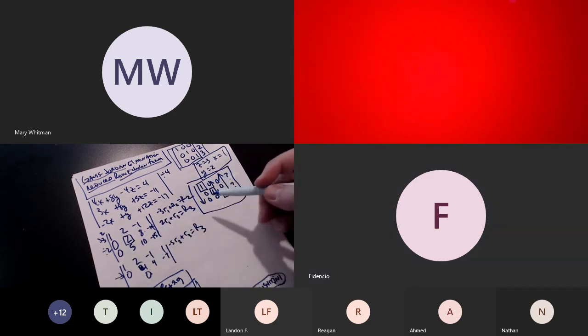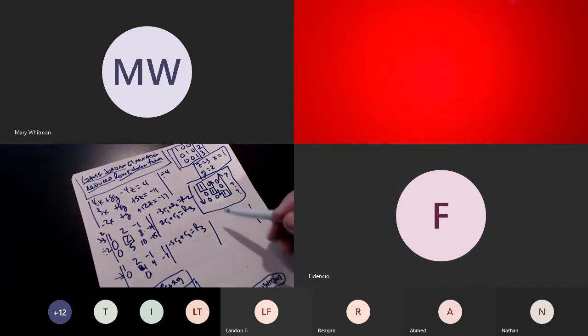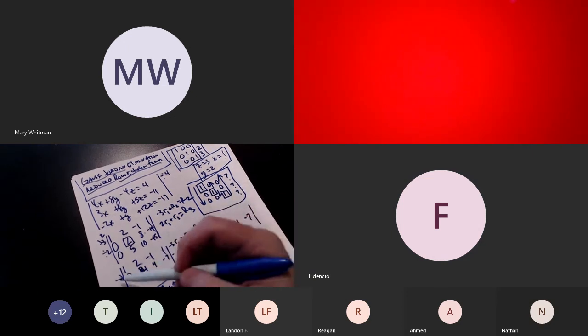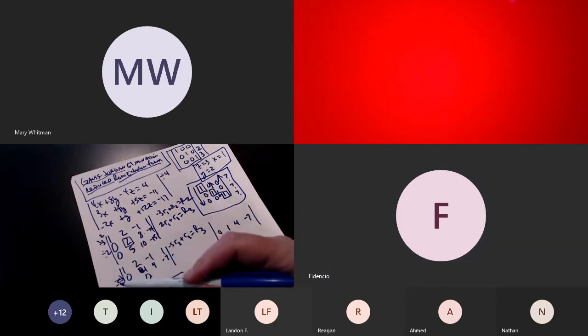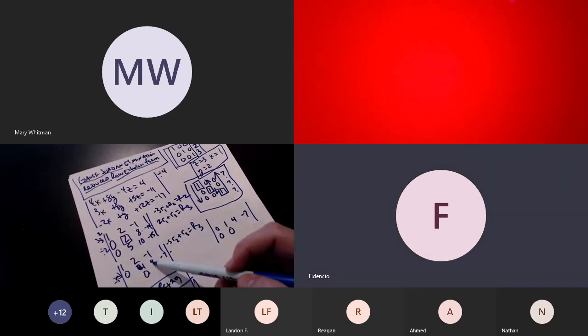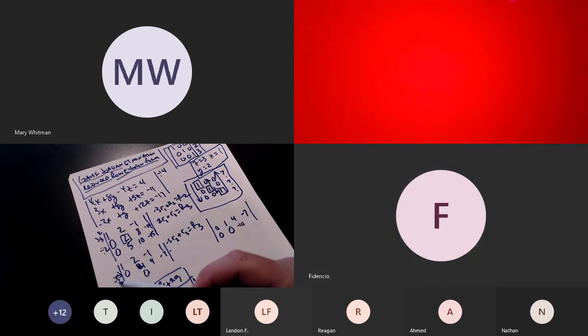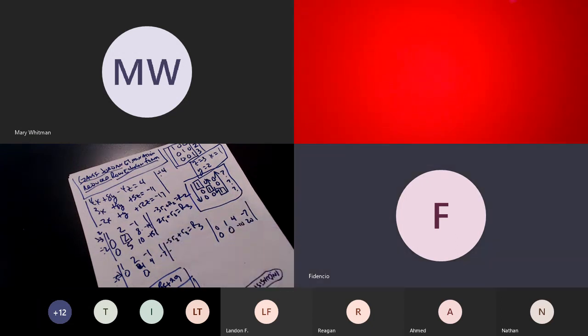My middle row is not going to change: 0, 1, 4, and -7. Now I'm taking -5. So 0 plus 0 is 0. -5 plus 5 is 0. -20 plus 10 is -10. And -5 times -7 is +35. Minus 15 is 20. Okay?